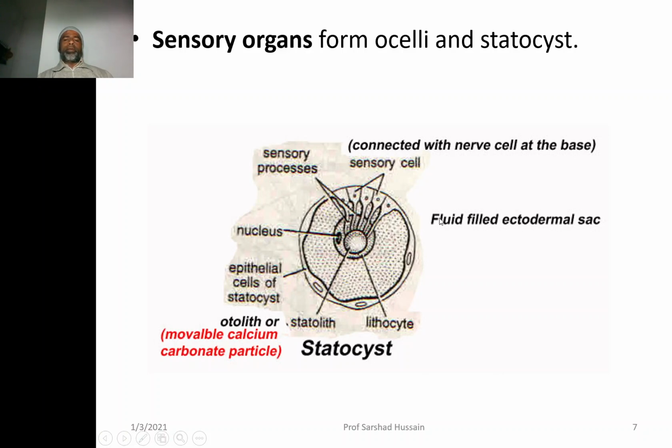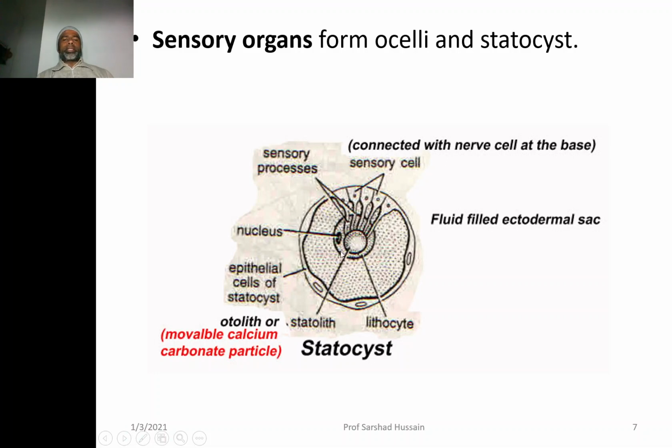This cavity is always a fluid-filled cavity. In this fluid-filled cavity is suspended a cell called the lithocyte. In this lithocyte, there is a movable calcium carbonate particle which is called the statolith or otolith. The statolith remains attached with the processes from the sensory cells.